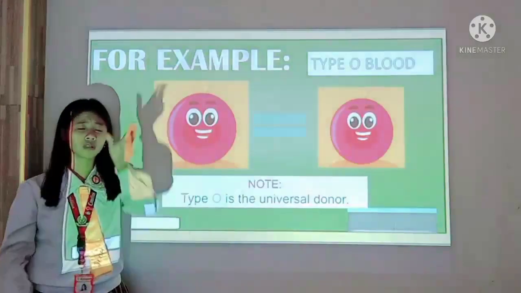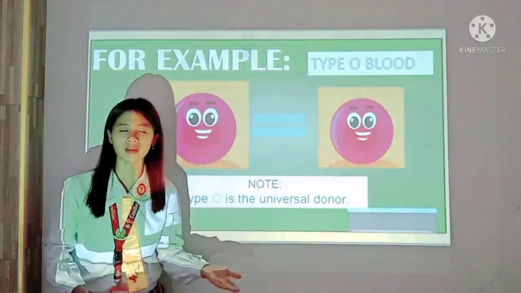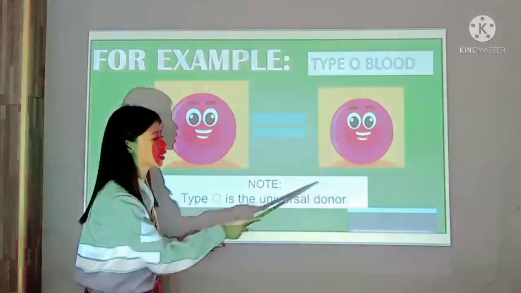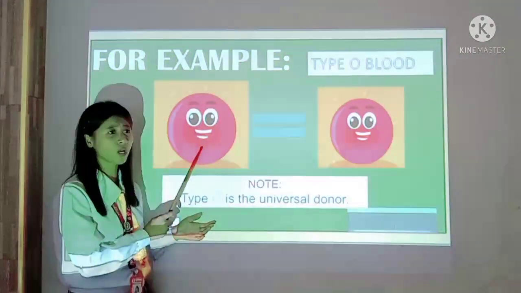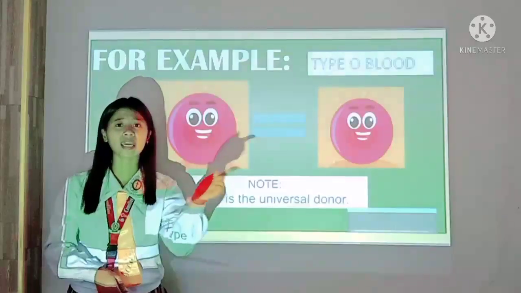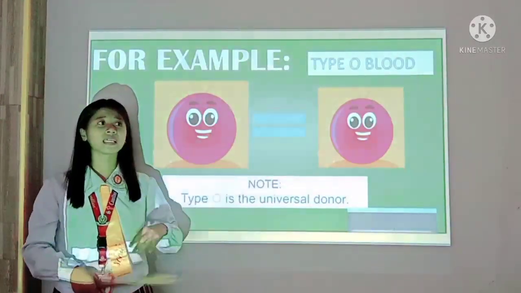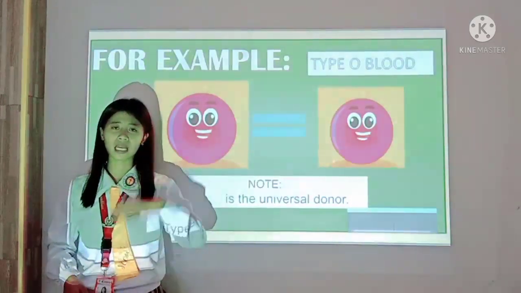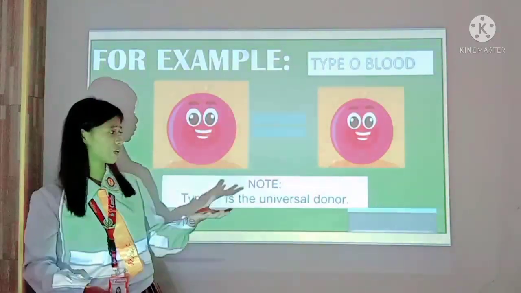Now, take note again with this. Kung si AB, universal receiver siya, si type O naman is universal donor. Kasi nga po, wala siyang antigen pero meron siyang antibodies na A and B. Those antibodies help them fight infections na nakukuha natin sa environment natin.